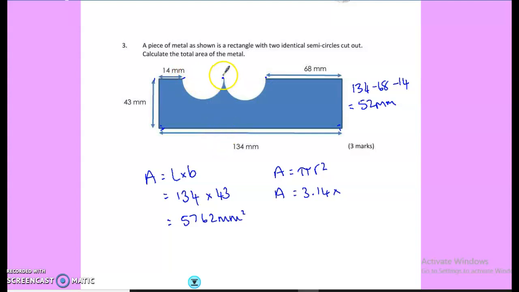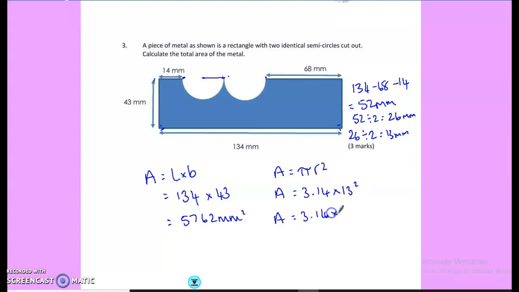Okay, so if I half that, that gives me the diameter of the circle. I don't want the diameter, I want the radius, so I want half of that again. So I'm going to half it again. I get 13.